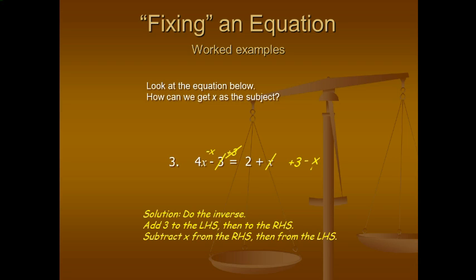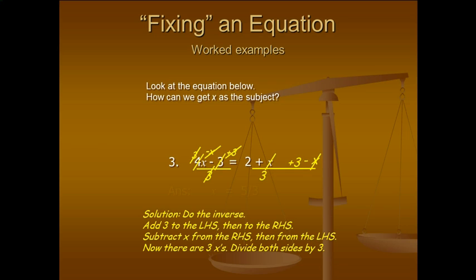On the right-hand side, the x's cancel out, while on the left-hand side, we have 4x minus x, which leaves 3x. Now there are 3 x's. Divide both sides by 3. On the left-hand side, the 3's just cancel out. On the right-hand side, we have 2 plus 3 divided by 3, so the answer is x equals 5 divided by 3.